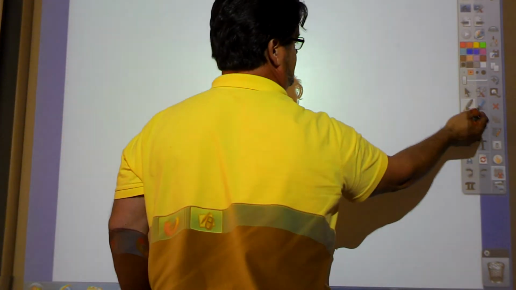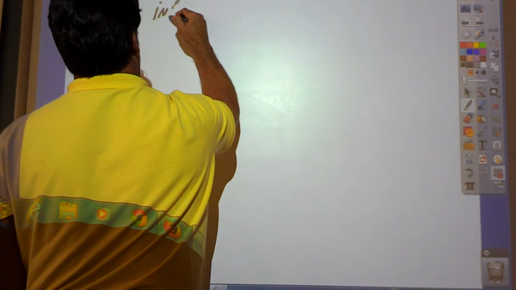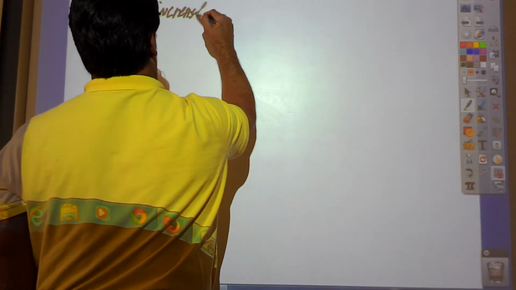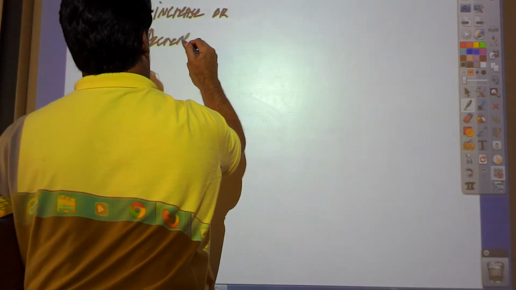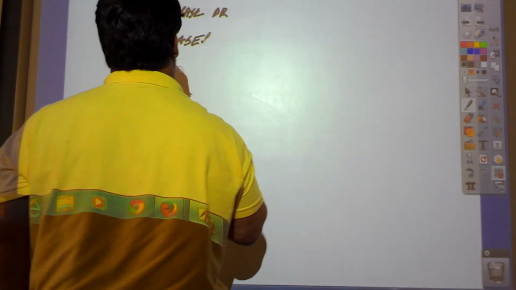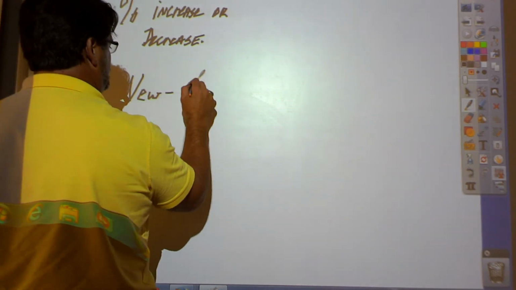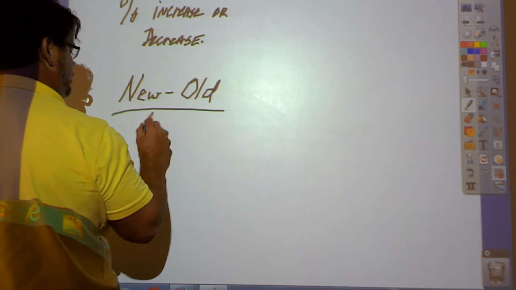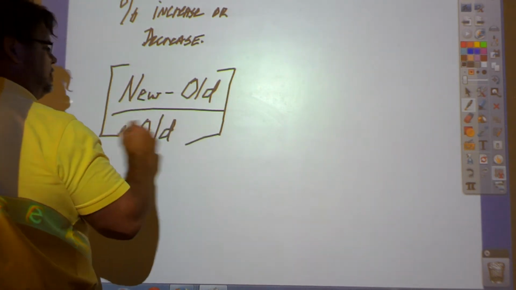Percentage increase or decrease: new minus old over old, and you multiply it by 100 so you get the percent.